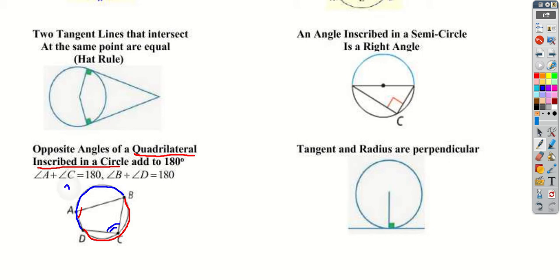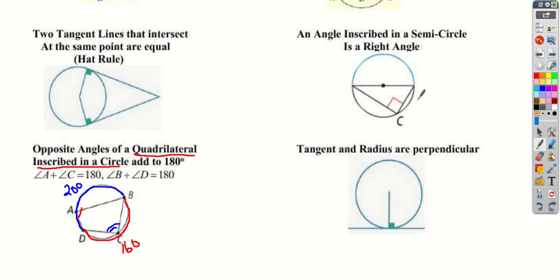So if this arc is 200, that leaves 160 for this arc, then we would know this angle is 100, and this angle is 80, and these have to make 180. The same thing's going to happen for B and D. So as long as you have the quadrilateral inscribed in the circle, opposite angles have to add 180.